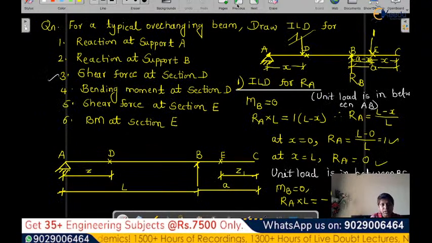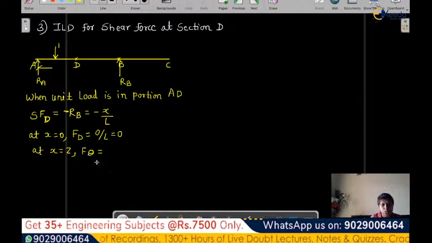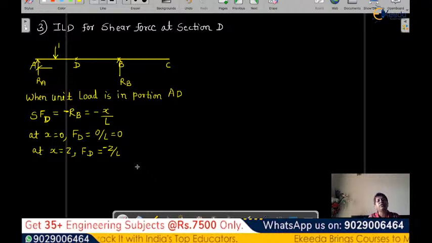So at x equal to z, F of D is equal to minus z by L. So this is when our unit load is in portion AD.